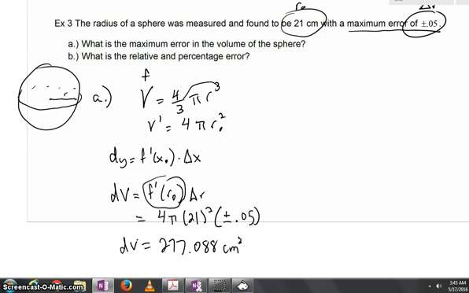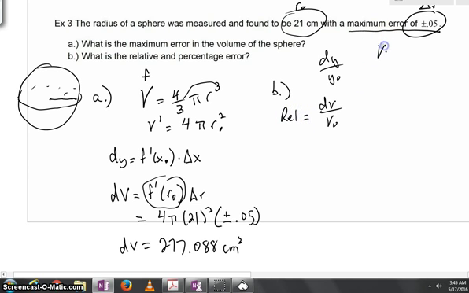Well, that's where we're going to have to go to our relative error. Our relative error is always going to be dy over y, or in this case, dv over v. We already know what our dv is. We found that down below. The question is, what is v? Well, v is 4/3 pi r cubed.